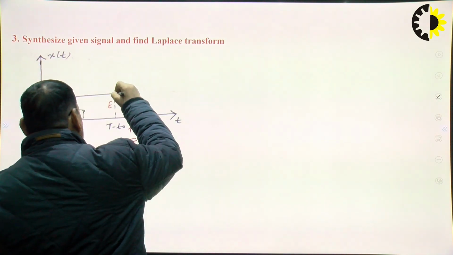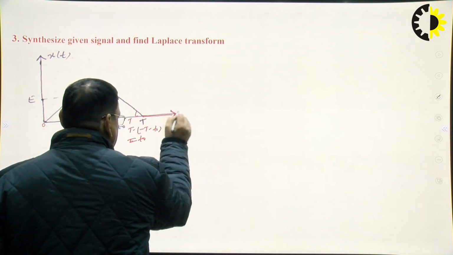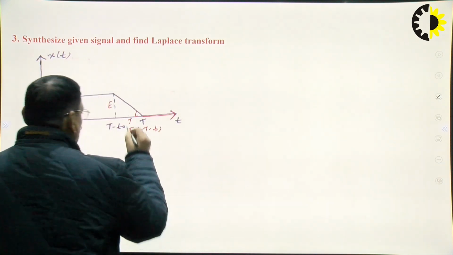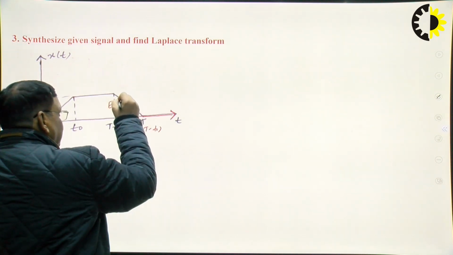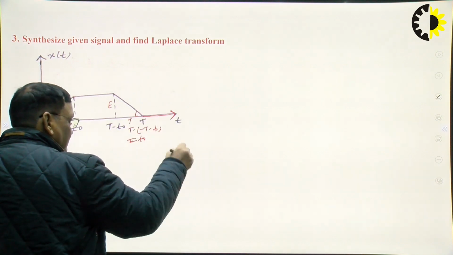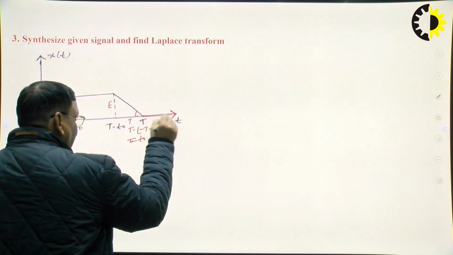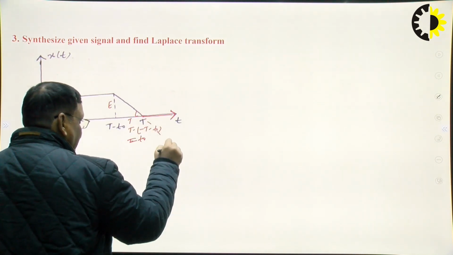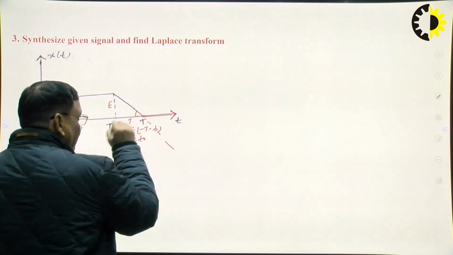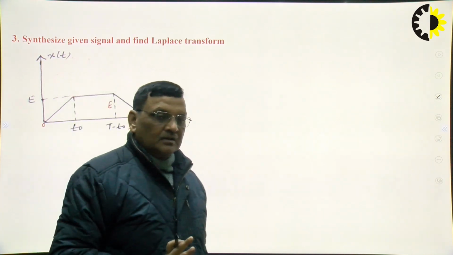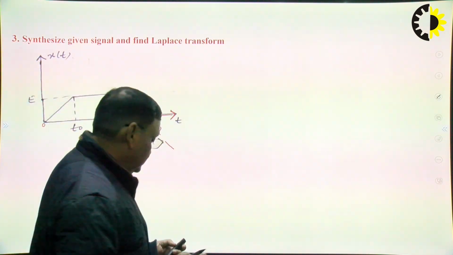Then this line is along the time axis. So we have to add a positive ramp here, because this line is going with negative slope with increasing time. If we add this ramp with positive slope, the line will become horizontal, or the slope becomes 0.